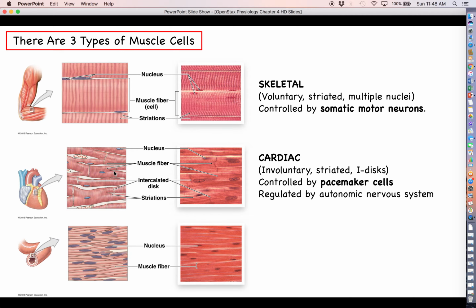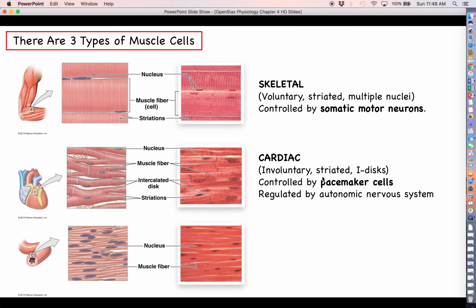Cardiac muscle is, of course, located exclusively in the heart. It is involuntarily controlled, and we can be thankful for that because we would not want the responsibility of consciously making sure our heart is always beating. It's nice that that's taken care of for us.